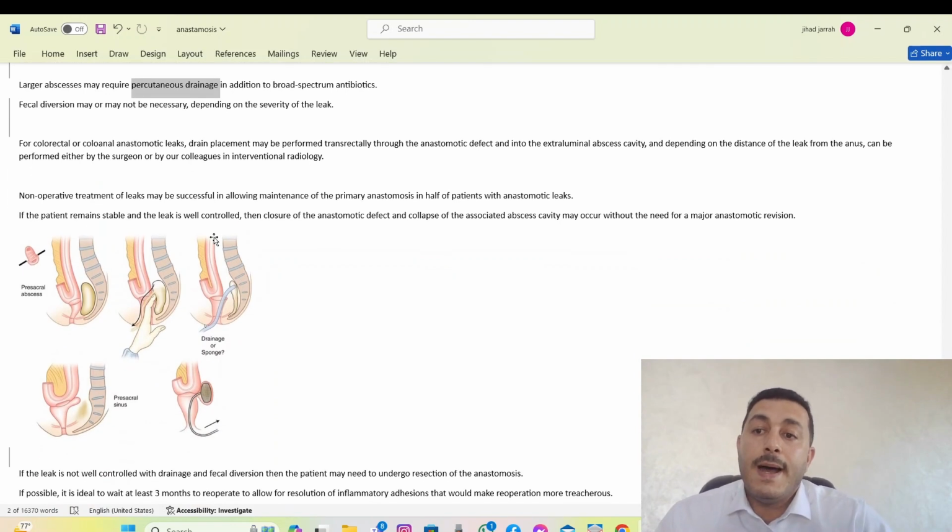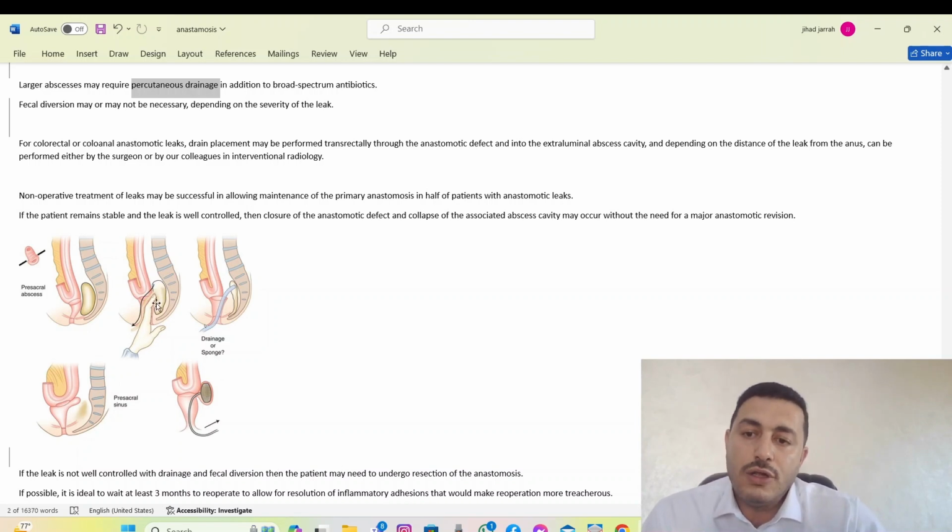Okay, if we are talking about colorectal and coloanal anastomoses that are not contained but accessible transanally, we can place the drain through the rectum, by the surgeon or by the radiologist.